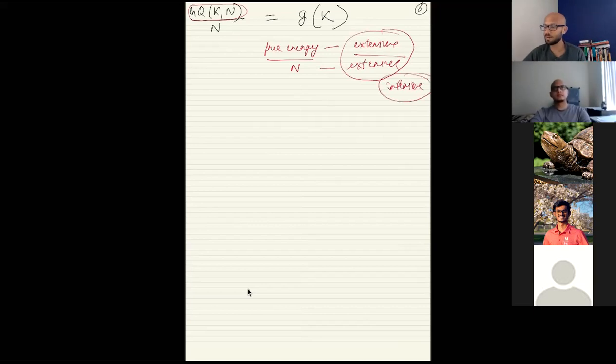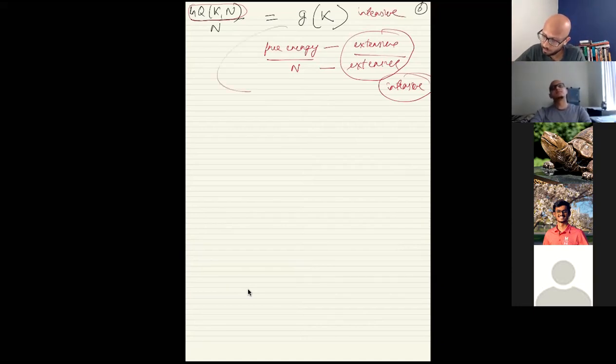So don't feel bad about this not coming to the top of your head immediately. It's kind of abstract that we forget, but hopefully you remember it. This is a common concept in thermo also. When you divide two extensive things, you get an intensive thing. So g of k is intensive. Thanks, Michael. G of k is intensive. It does not depend on n.